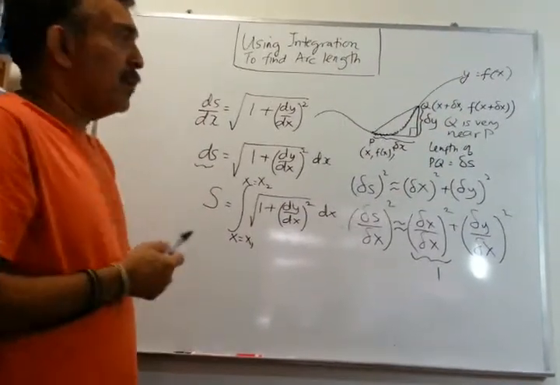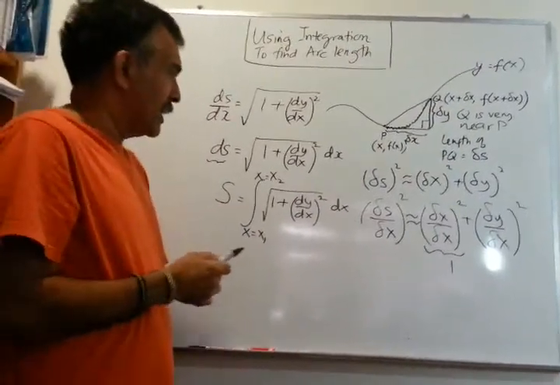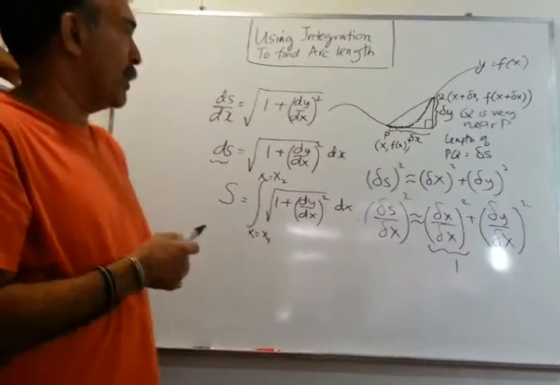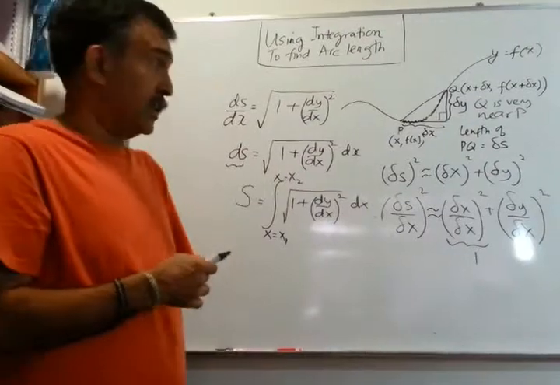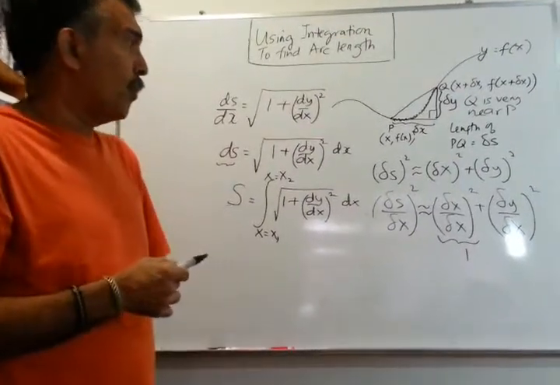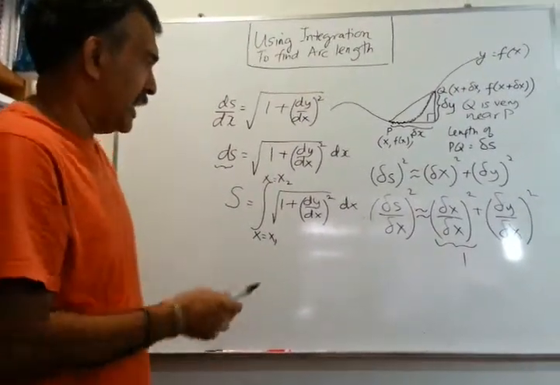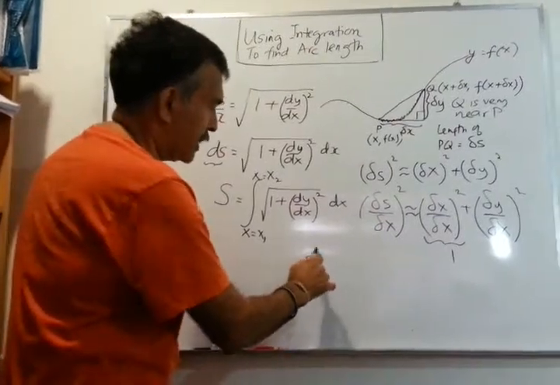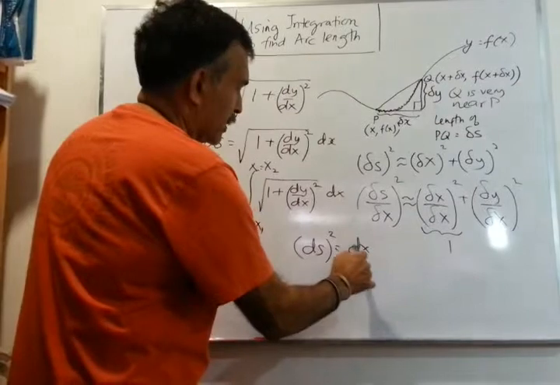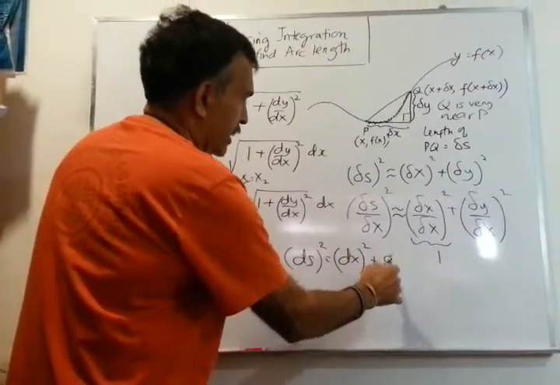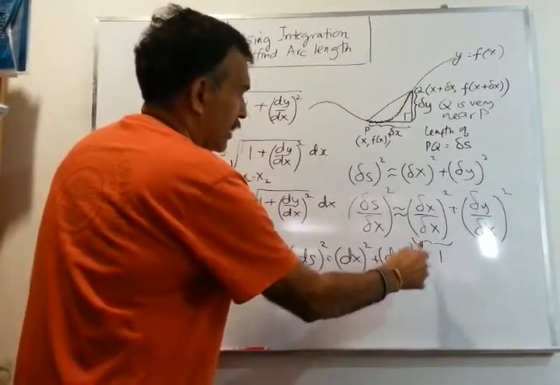Now, one way for you to remember this, because some of you may even do engineering maths and you'll come across this again, is by thinking of ds squared equals dx squared plus dy squared.